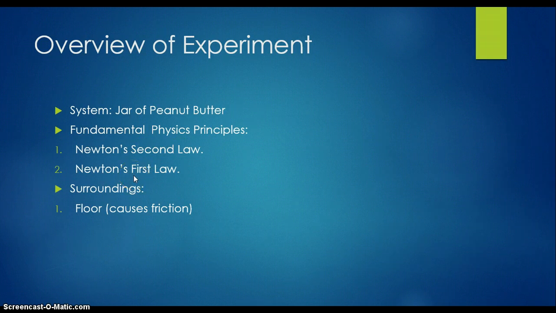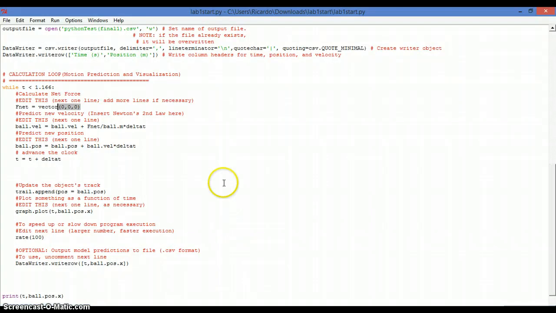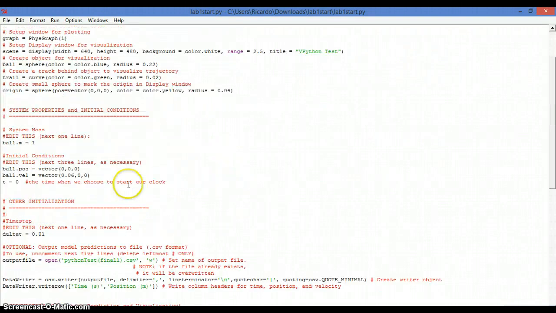Newton's first law can be observed by observing the coding used in Python, and the surroundings is the floor, which causes friction. Now let's open the Vital file so that I can show you the coding that I used.